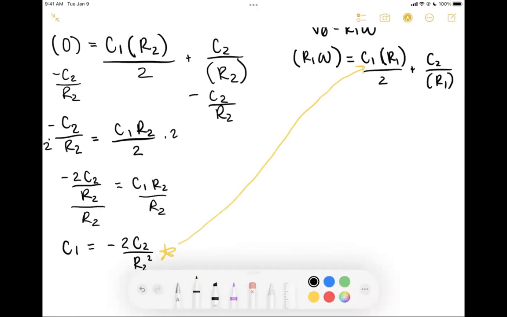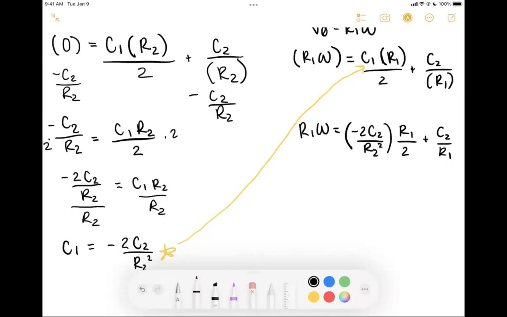So we're going to end up with R1 is equal to, this is where C1 comes in, negative 2C2 over R2 squared times R1 over 2 plus C2 over R1. There aren't any C1s left in this equation, so we are able to solve for C2.